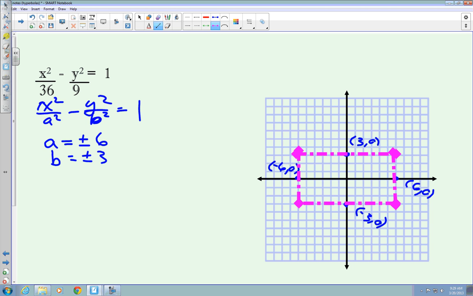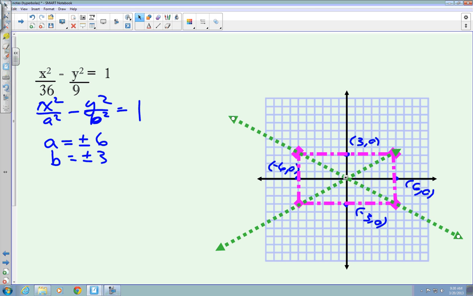And once you have your box, then draw your asymptotes. Now at this point, I have enough information to actually sketch my hyperbola. Which way is it going to open this time? Left and right. It's horizontal.